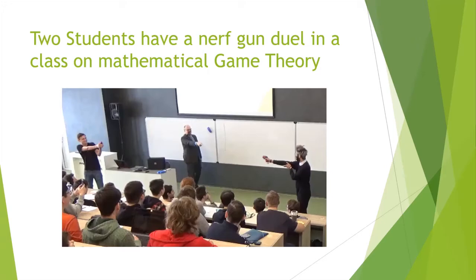So in this case, for example, we were taking a look at basically decision-making using game theory. And here you can see two students in the pre-COVID age firing at each other with Nerf guns inside of my classroom, simulating a duel inside of this class on mathematical game theory. And then we looked into the mathematics behind their decision-making process.